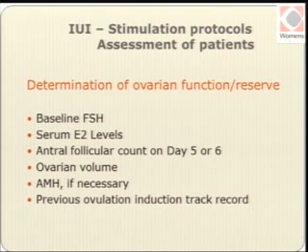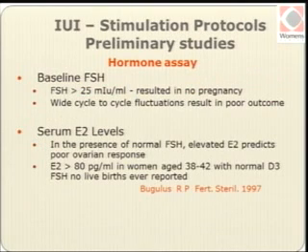A baseline FSH level helps, serum E2 level helps, antral follicle counts are very, very important on day 5 or day 6 before you do any type of ovulation induction for any reason whatsoever. Ovarian volume might help. AMH, if the patient can afford it, and if you have it, certainly helps. And a previous ovulation induction track record also helps.